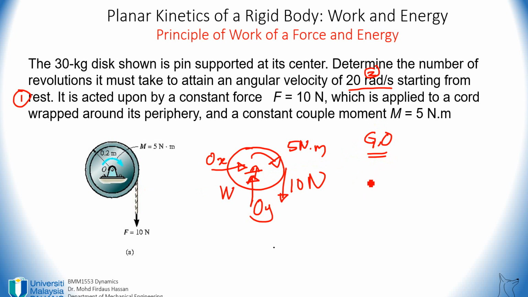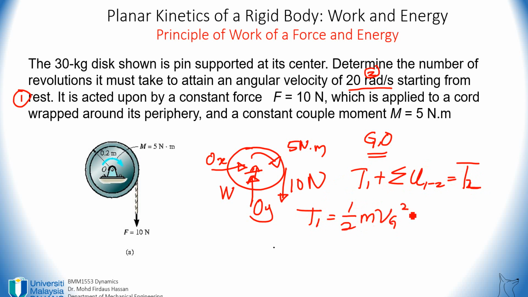From the principle of work and energy, we have T1 plus the work done from 1 to 2 equals T2. We start from rest. But before that, what is T1? T1 comes from half m vG squared plus half IG omega squared.